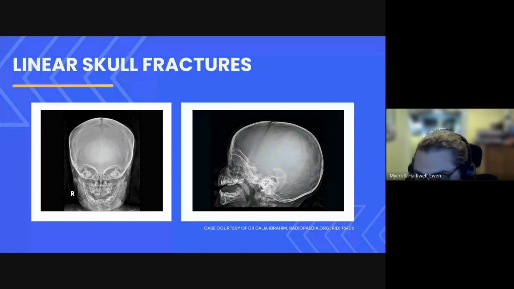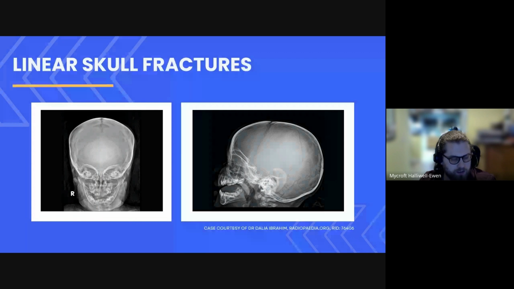Anyone fancy popping in chat anything that they might have noticed about the jaw, particularly the teeth, if we've got some dentists? No. So I think, sadly, these are adult teeth and these are milk teeth. So I think this is a pediatric fracture.